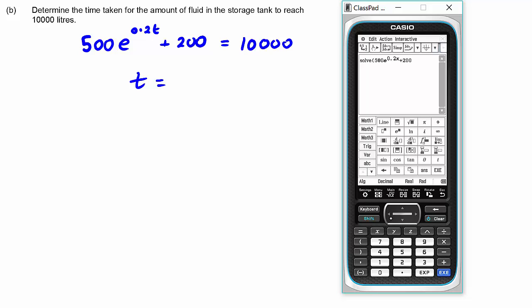Be careful that you come out of the power when you do this, is equal to 10,000, and execute, and that gives me 14.877. So I'm going to say approximately 15 hours.